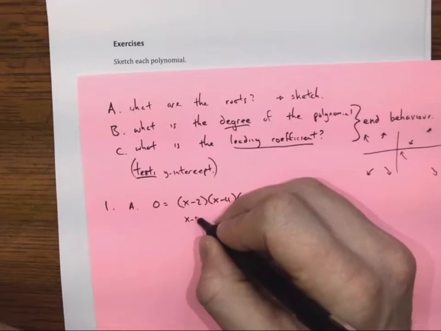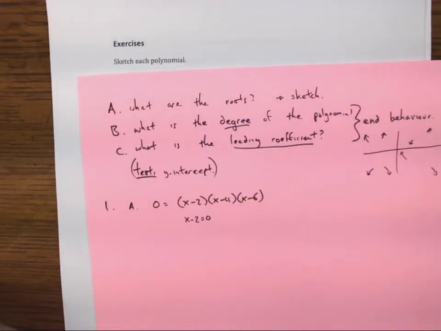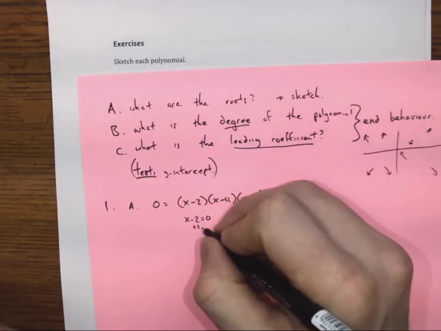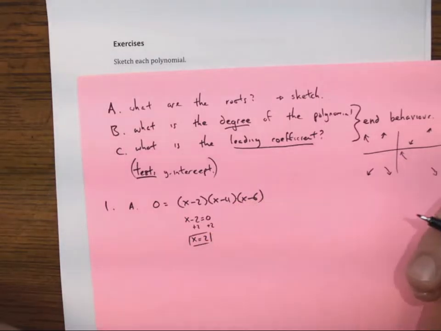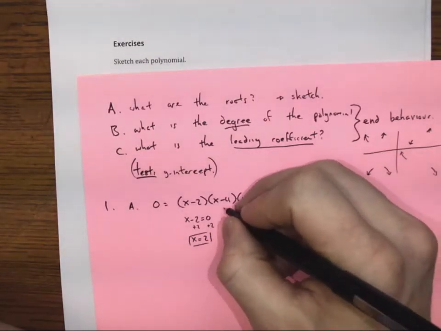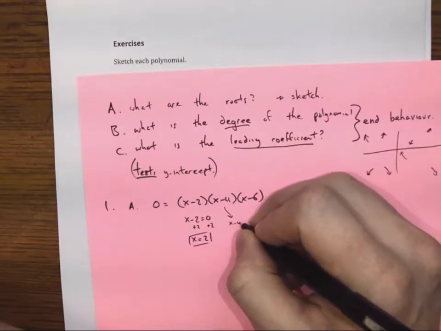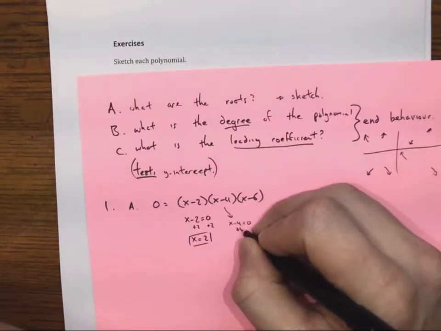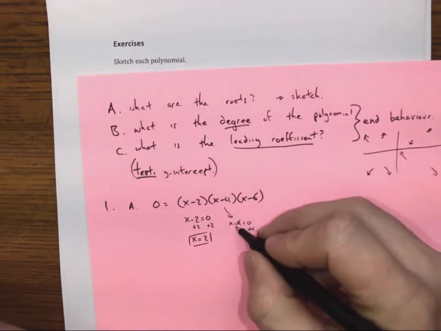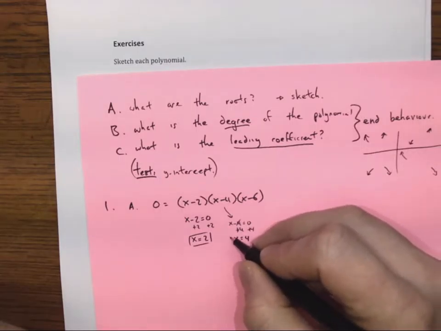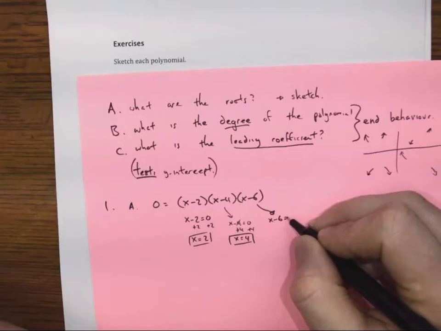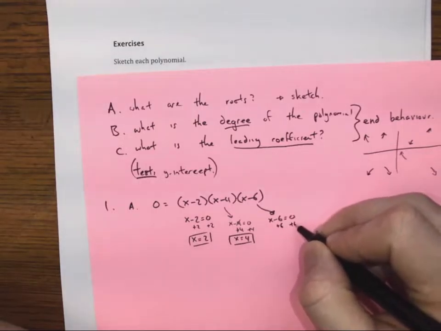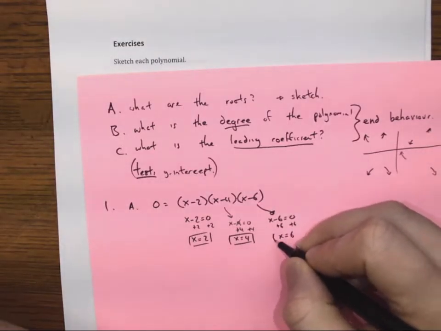So x minus 2 could equal 0, and if I add 2 to both sides, x could equal 2. That's one of my roots. I could also find that x minus 4 could equal 0, and therefore x could be 4. Or I could say that x minus 6 could equal 0, and therefore x is 6.